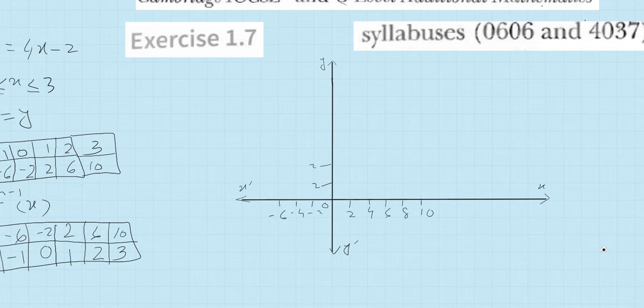2, sorry, 2, 4, 6, 8, 10. Similarly, on the negative y-axis, minus 2, minus 4. I want to extend the negative x-axis.